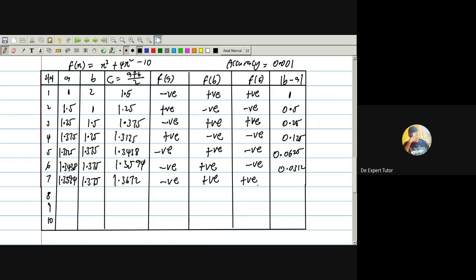If I subtract 1.375 minus 1.3594, that gives me 0.0156. We're almost getting to the end of the iteration. Next, we have 1.3672, so we're going to pick 1.3594.